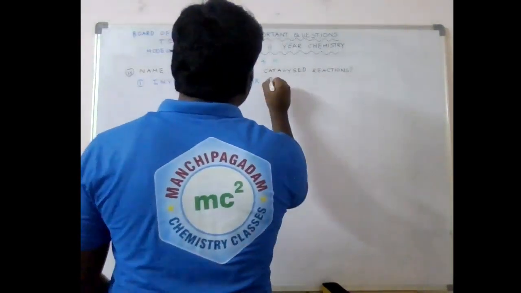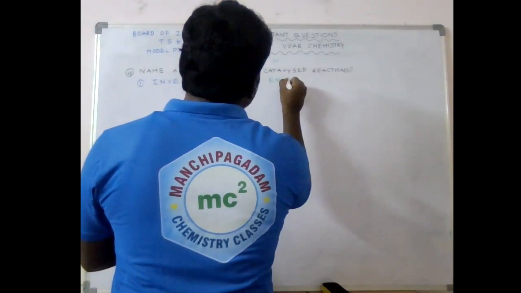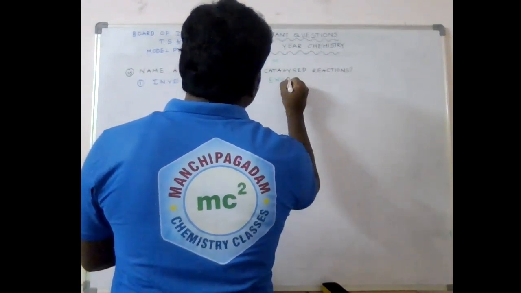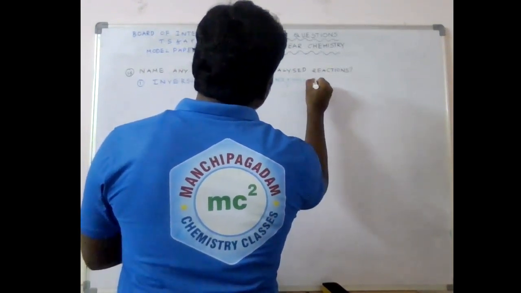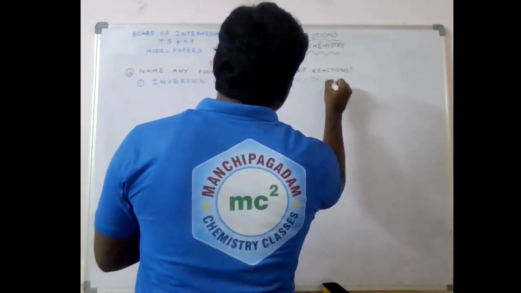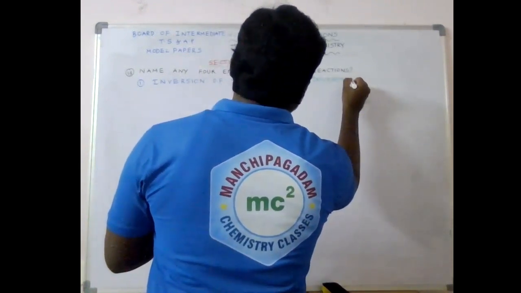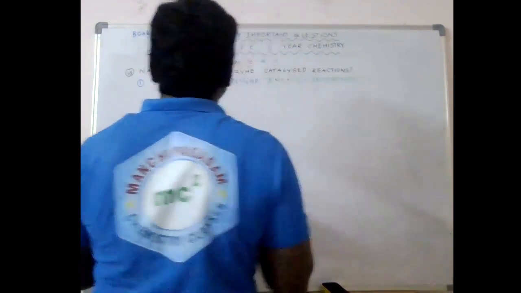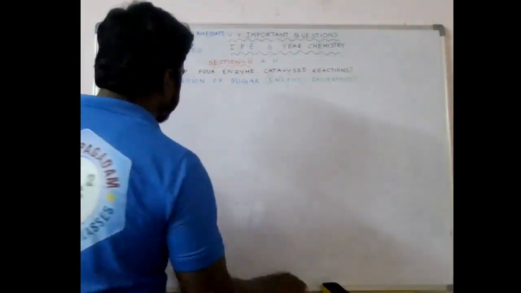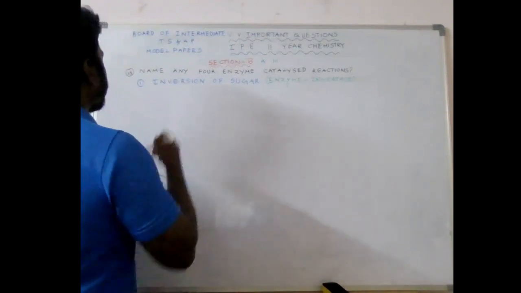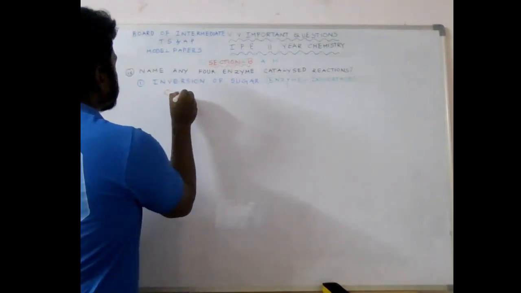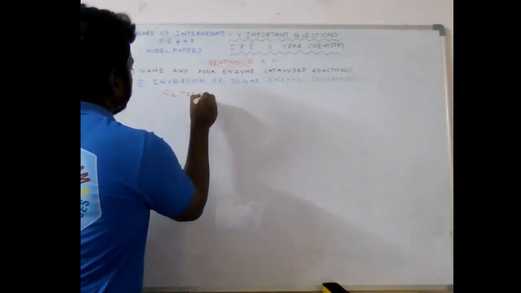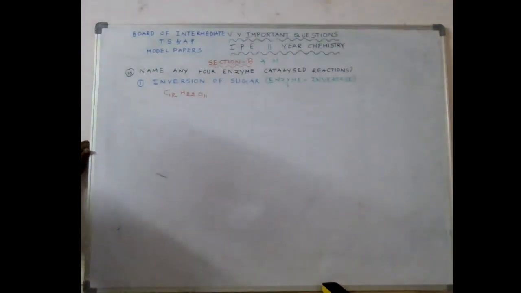From the name inversion itself you will get the enzyme name, that enzyme is invertase. Try to remember this. Inversion of sugar, cane sugar. Cane sugar is nothing but sucrose, right? The sucrose formula is C12H22O11.